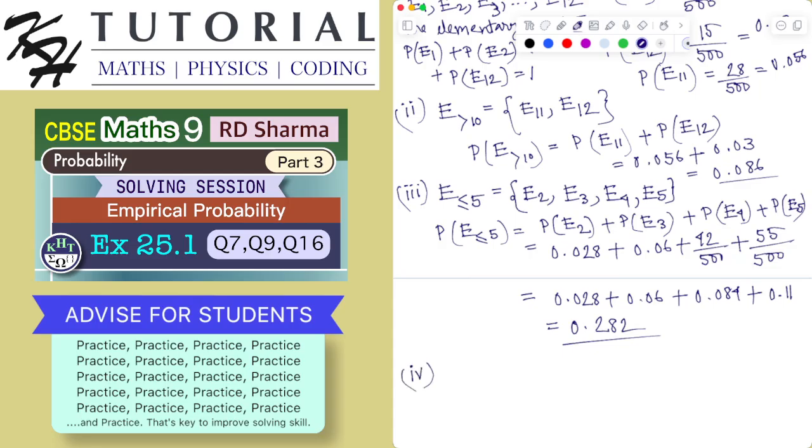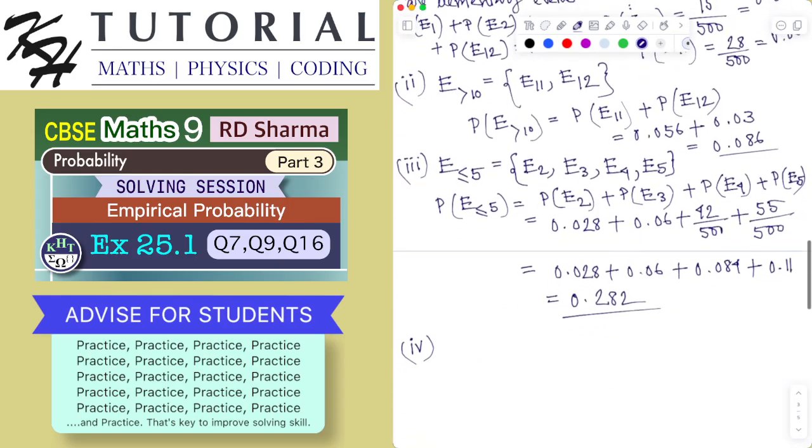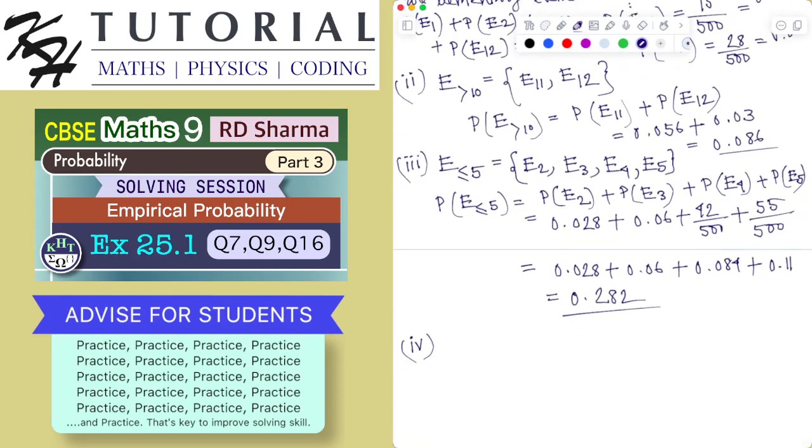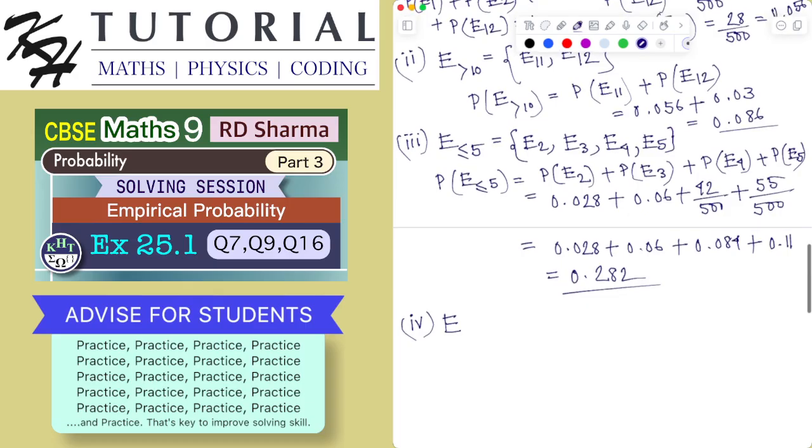Part 4 was between 8 and 12. So let's say I am naming that event between 8 and 12. Now between 8 and 12 means greater than 8 and less than 12.